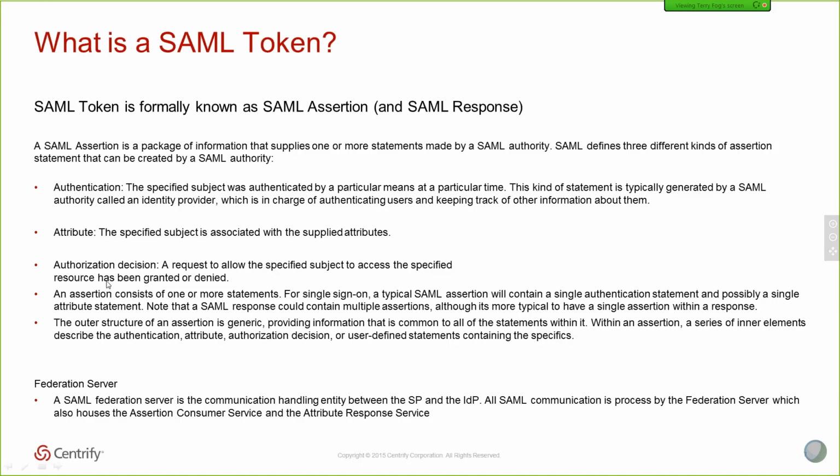SAML is also capable of other things like authorization decisions, which we usually do not use. And here's just another term: a federation server is just a server that's handling identity between SP and IDP. We'll get to these terms again later on.